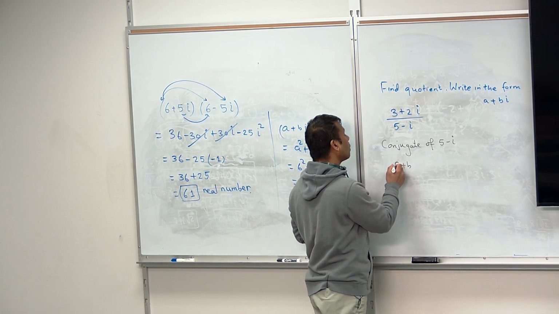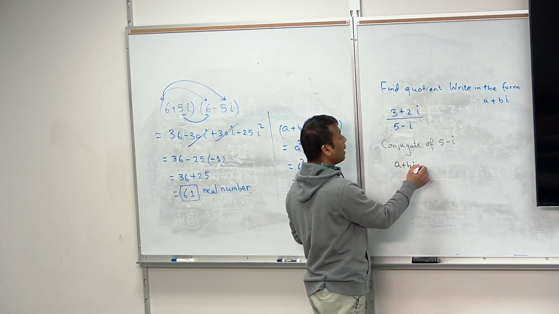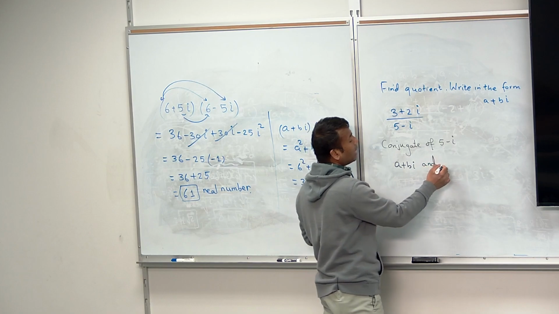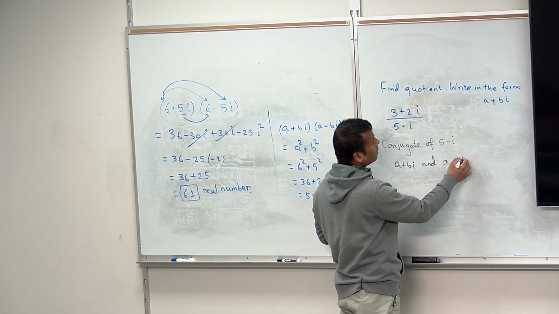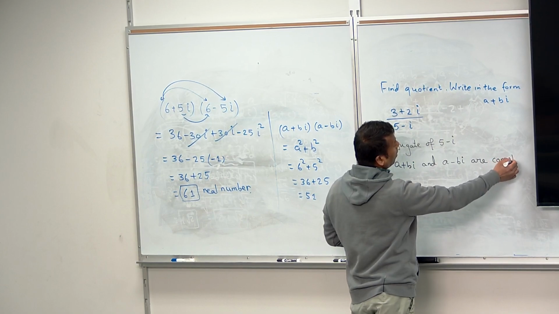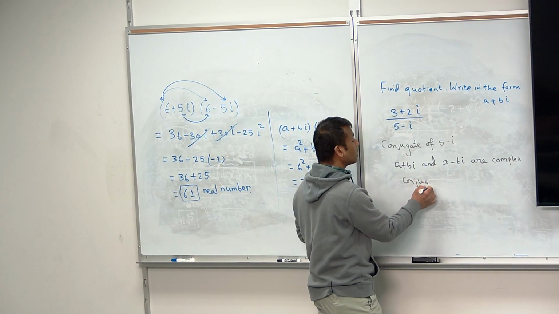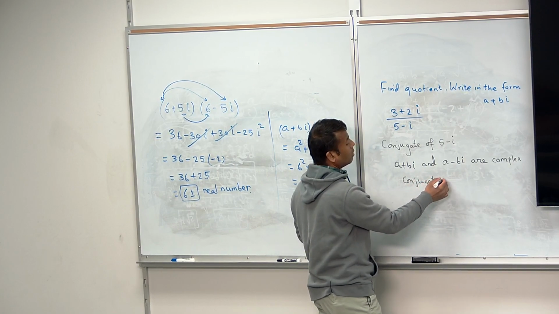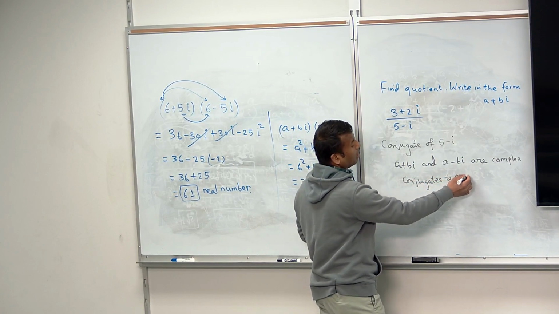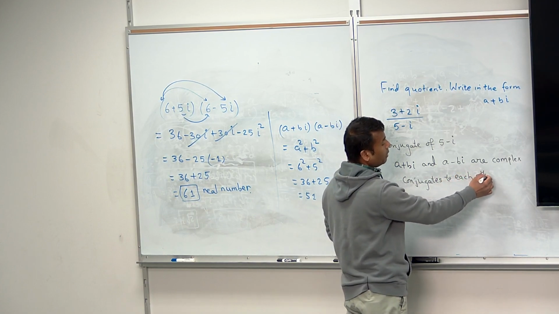Remember, what is the conjugate of a plus bi? A plus bi and a minus bi are complex conjugates of each other, right?